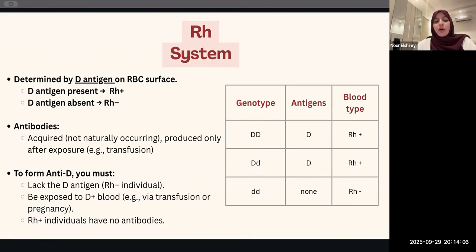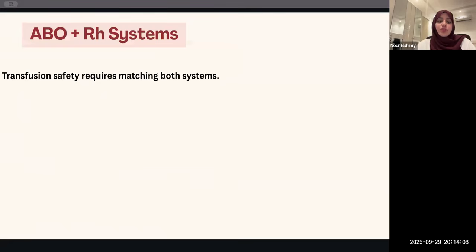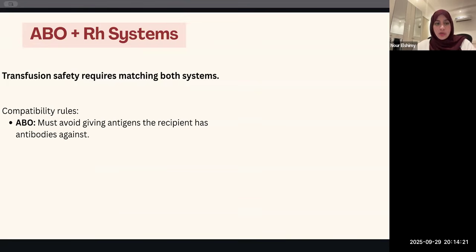Okay. Now, again, as I mentioned, transfusion or transplantation requires matching of both systems. So ABO and Rh systems need to be matched for safe transfusion. So what are the rules here? For ABO, whenever you're going to give blood to someone, make sure that your blood is not going to make antibodies against their blood.